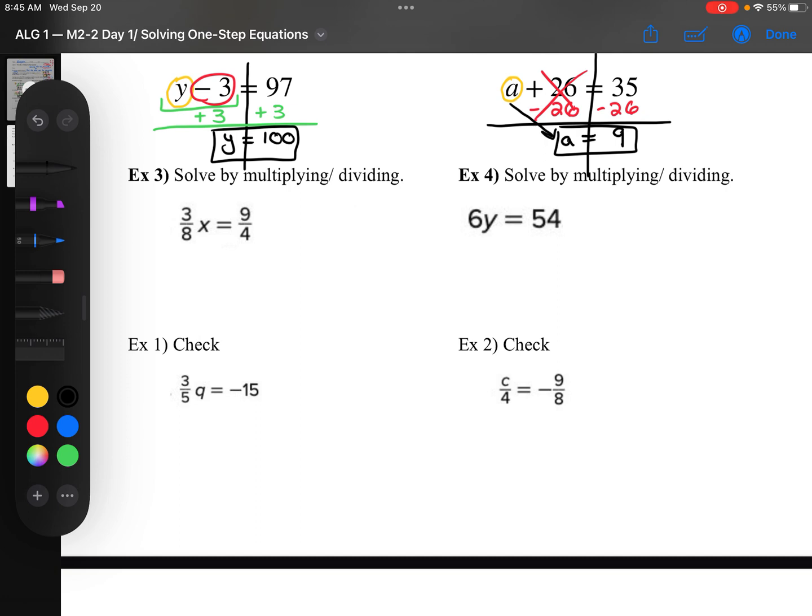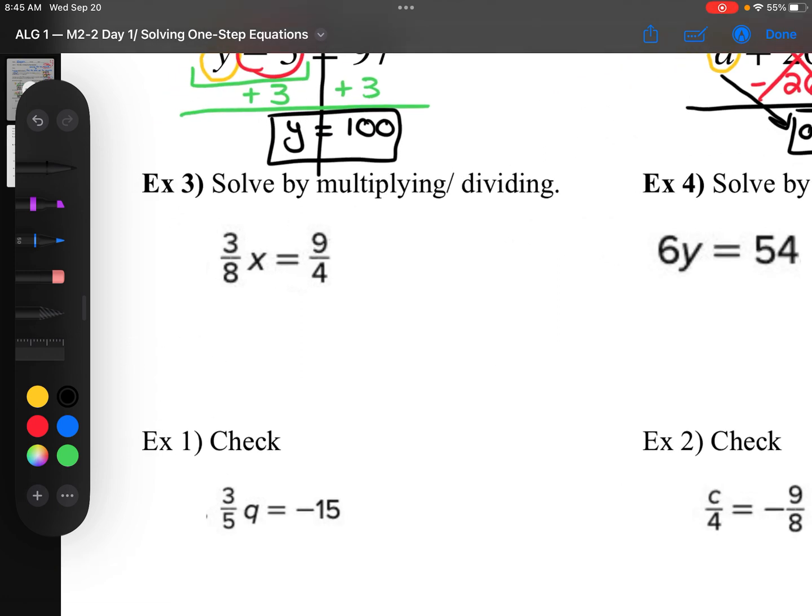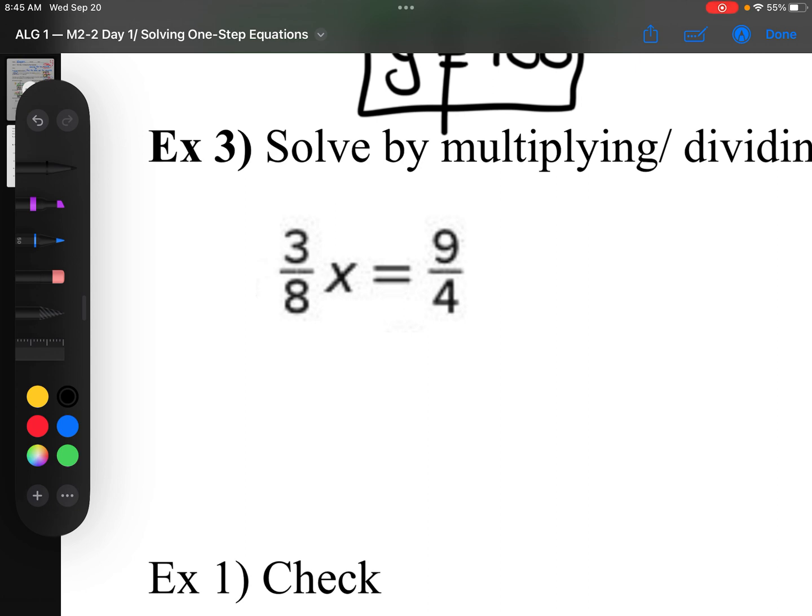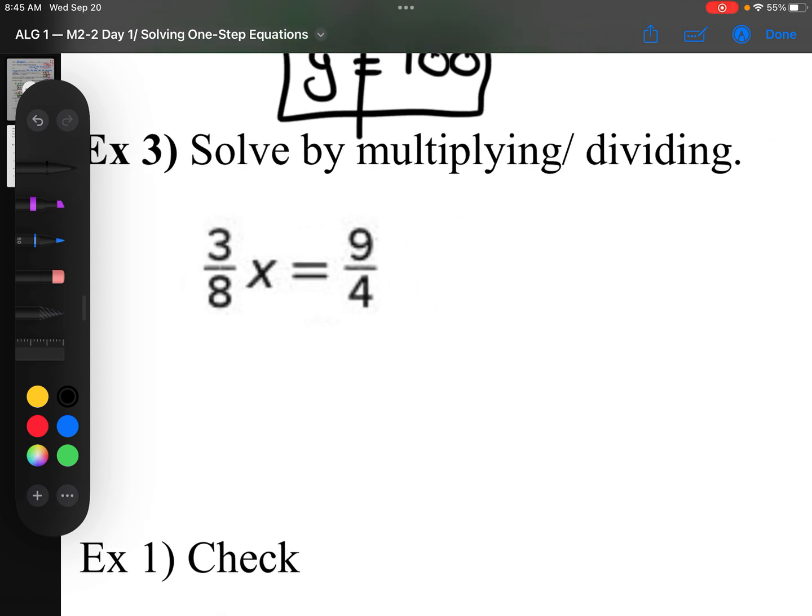Now we're going to talk about multiplying and dividing, okay? So example 3 is a tricky one. I have a fraction. So to get rid of a fraction, I want you to write this down.